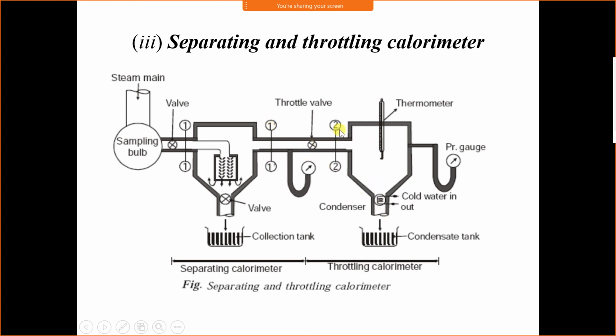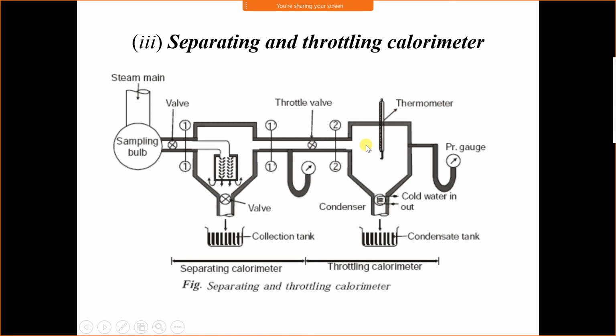Consider it is region 1 and it is region 2. In region 1, the pressure of less wet steam is measured so that we can calculate enthalpy hf and hfg from the steam table. Then this wet steam passes through the throttling valve.